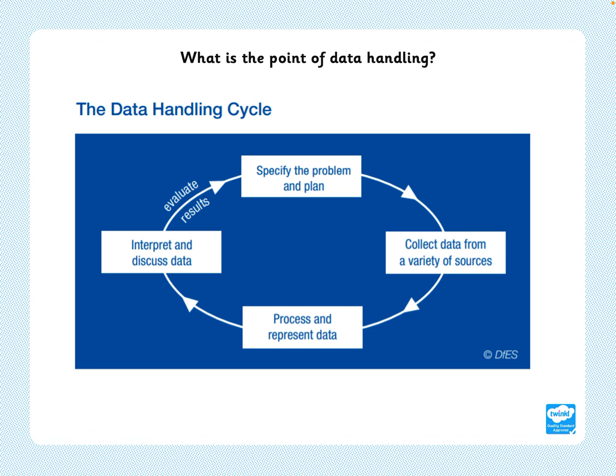That allowed us to interpret and discuss the data, and what we found was that the biggest problem was a lot of people didn't want to walk or cycle to school when it was raining. So we had to come up with solutions for what to do when it was raining to reduce the amount of traffic. So that is the data handling cycle. Whenever data is collected, it is because they're trying to solve a problem.